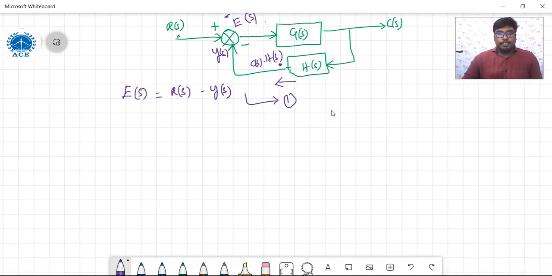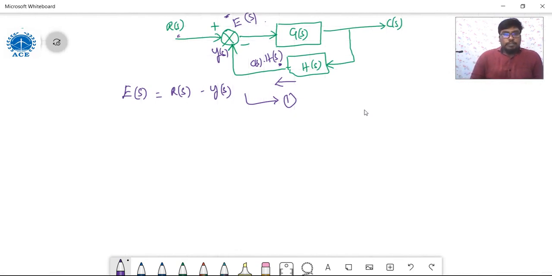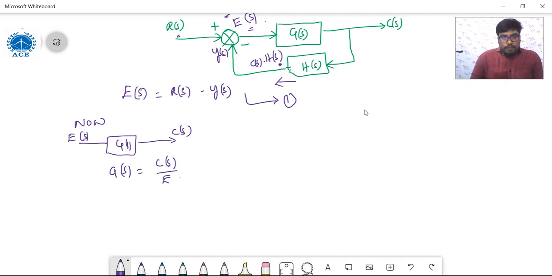Now we'll see only the forward path, that is G of S. This is C of S, and the input of the forward path is E of S. So now find out the transfer function of this individual block. So G of S is equal to C of S divided by E of S, right?